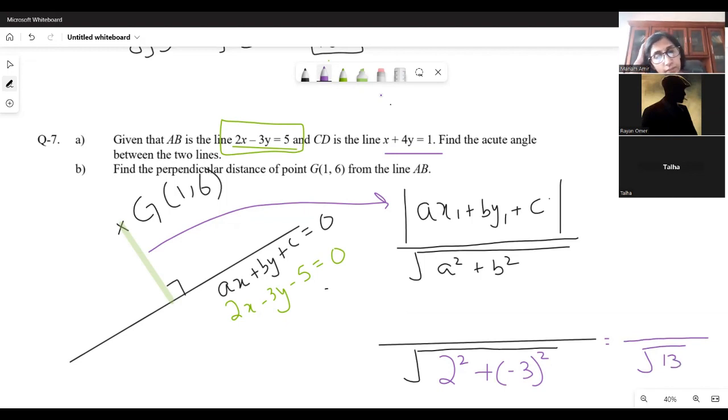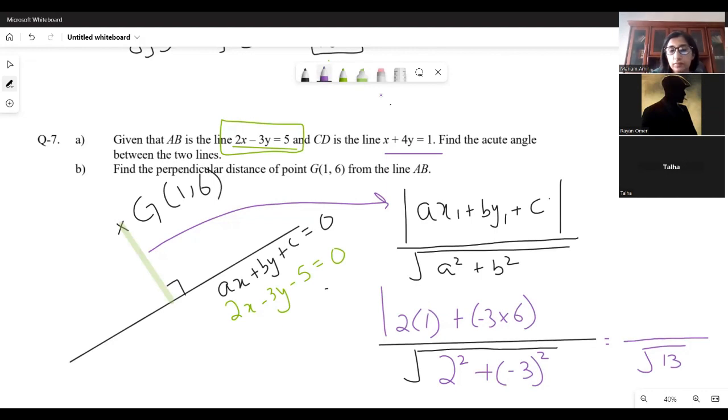Now let's go to the numerator. What is a times x1? What are x1 and y1? They are the coordinates of G. So a times x1 is 2 times 1, which is 2. Plus b times y1, negative 3 times 6, is negative 18.